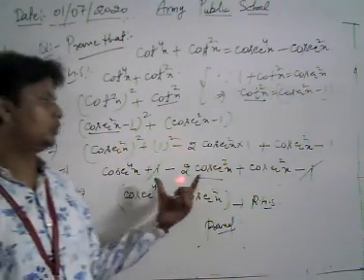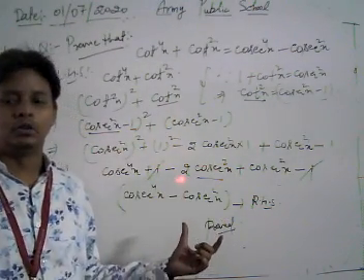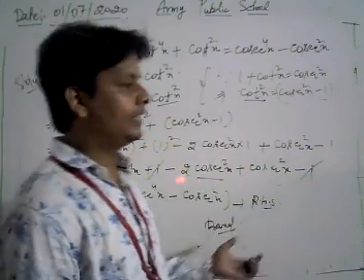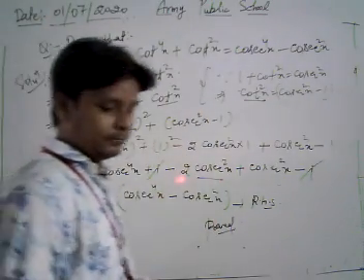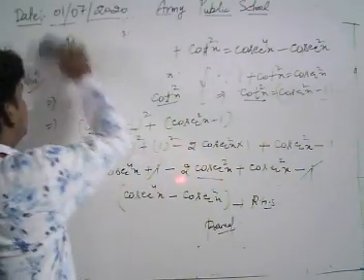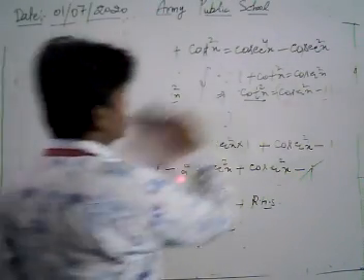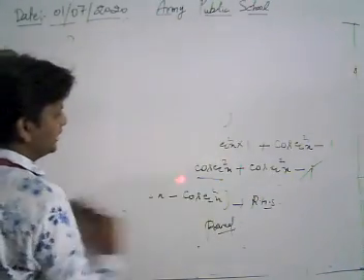This is a very important question of your NCERT exercise, so you solve all that type of questions in this way. Now we take some other basic questions based on identities.